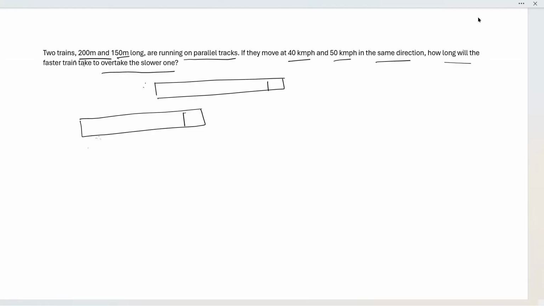This is train 2, 50 kilometer per hour, and its length is 150 meters. And this is train 1 traveling at 40 kilometer per hour, and its length is 200 meters. So this is the engine. This is the last.